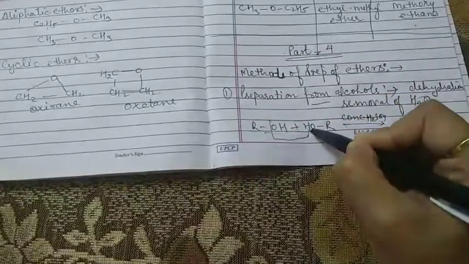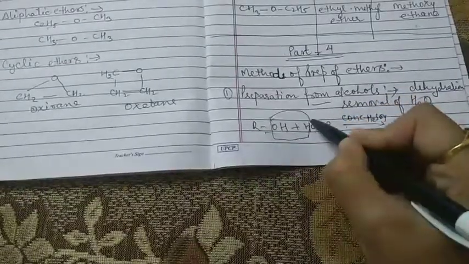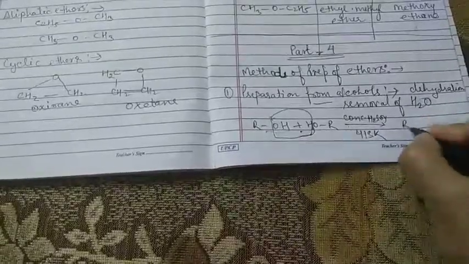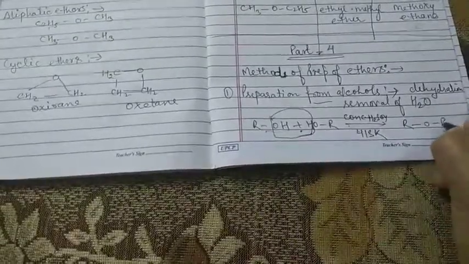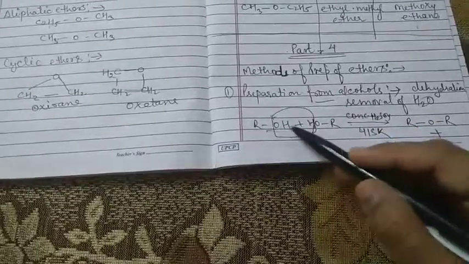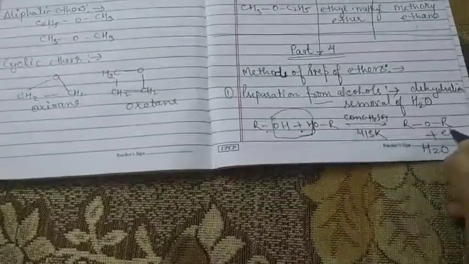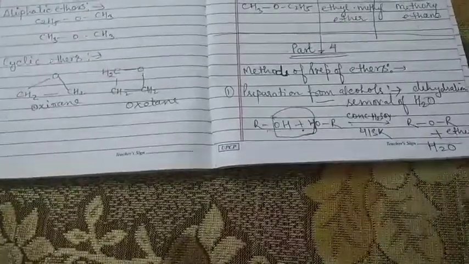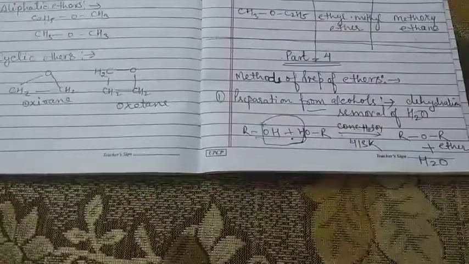So dehydration is carried out when this water molecule is removed from here. So we get ROR plus this one H, and this OH is removed as H2O, and this is the ether. So this is the first method for the preparation of ether.